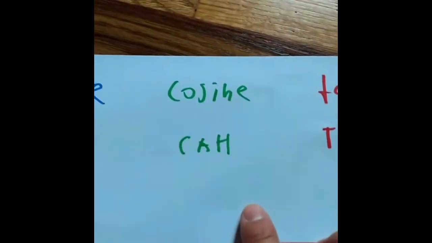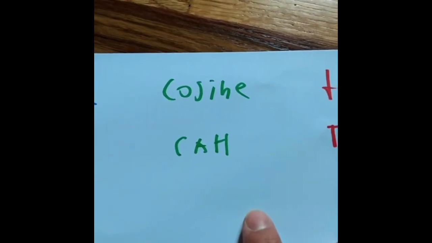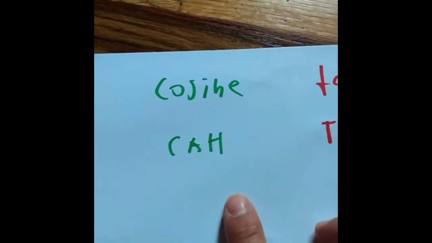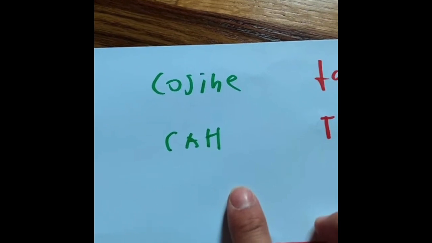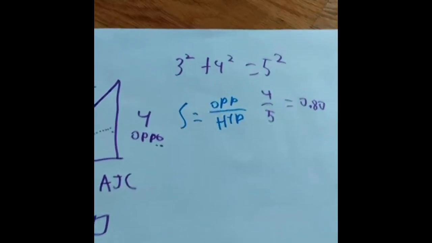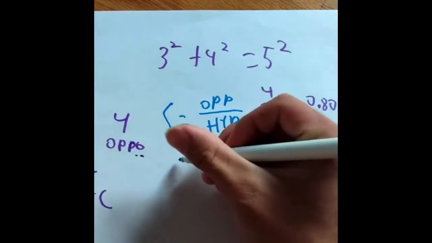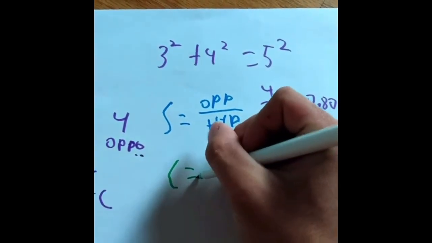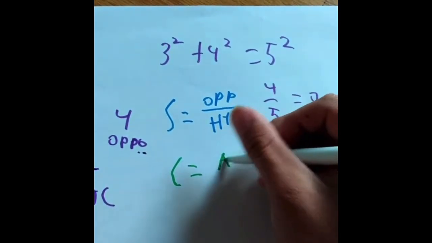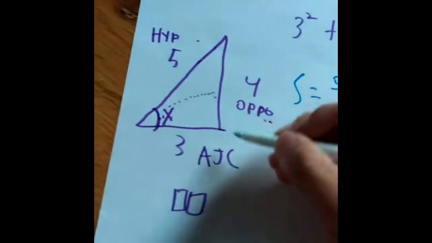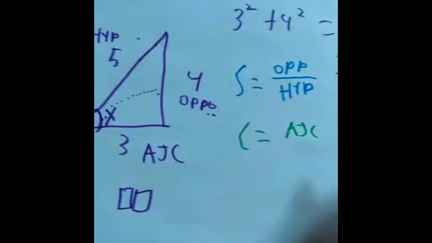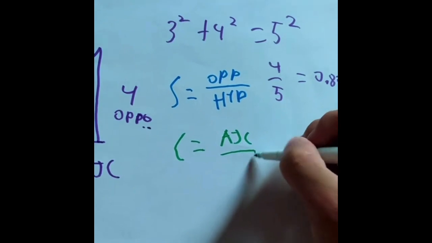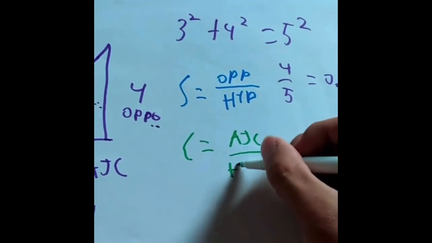Now let's move on to cosine. Cosine is just like sine, but what we're trying to find is a bit different. The formula for cosine is the adjacent, which is the bottom length, divided by the hypotenuse.